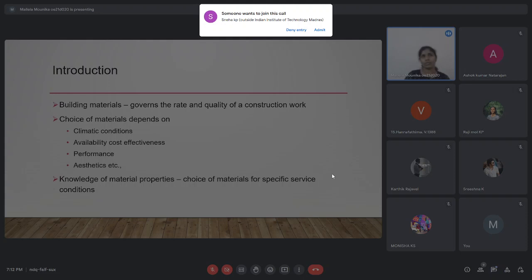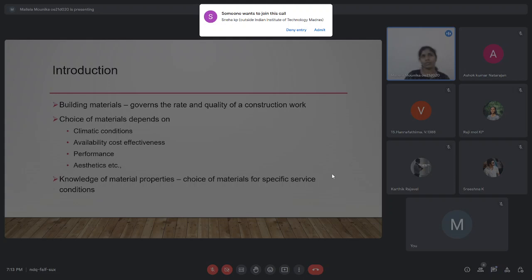The second thing is availability. Suppose you are in some location where the availability of one type of material is high and another type of material is very low. If the availability of a particular material is very low at the construction site, then you have to include the transport charges in the construction cost.